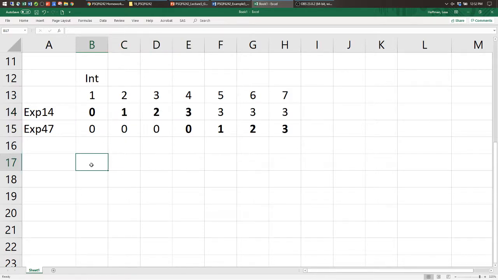So then if I did the corresponding SAS code, for instance, if experience, I'm just going to abbreviate here, is less than 4.